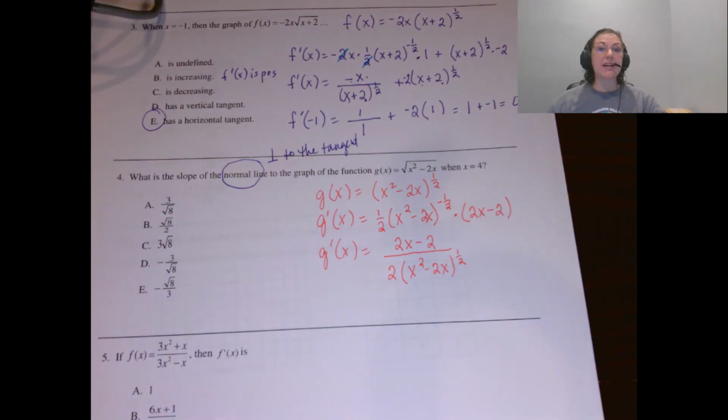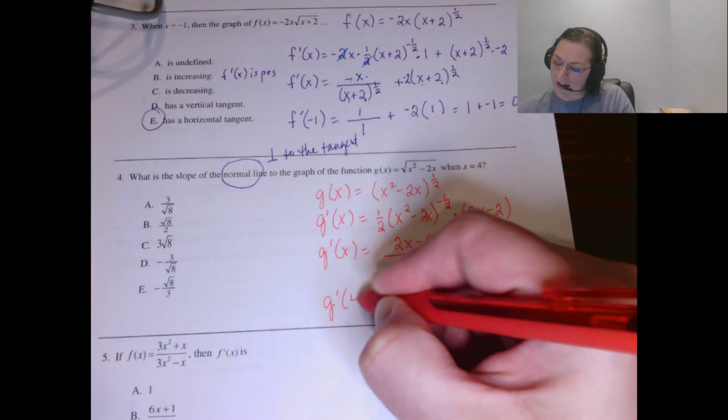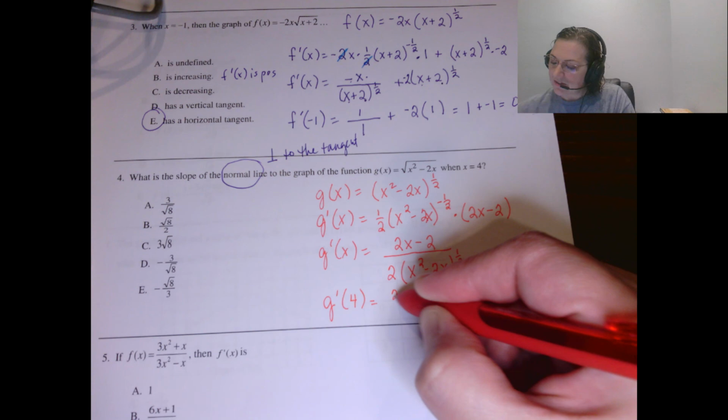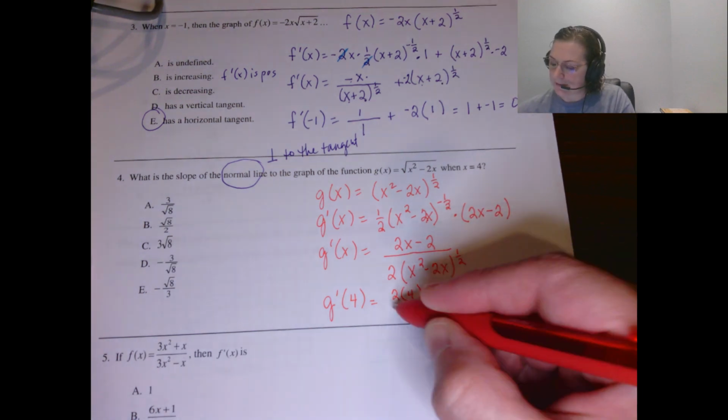Now, I do realize I could factor out a 2 in the top and cancel it with the denominator. I'm not going to do it on this problem only because we're just plugging in a value for x. So I'm going to put in a 4 for x. So I've got 2 times 4 minus 2, which is going to give me 6.